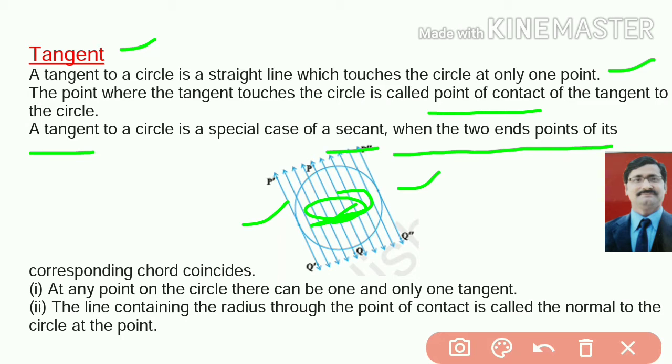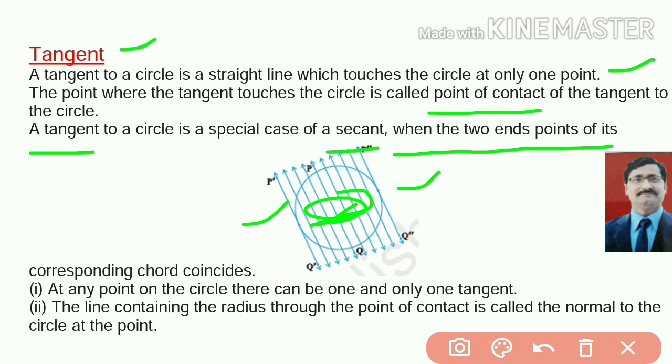At any point of the circle, one and only one tangent can be drawn. If you are asked how many tangents you can draw on a circle, since a circle has infinite points and on each point you can draw one tangent, you can draw infinite tangents.